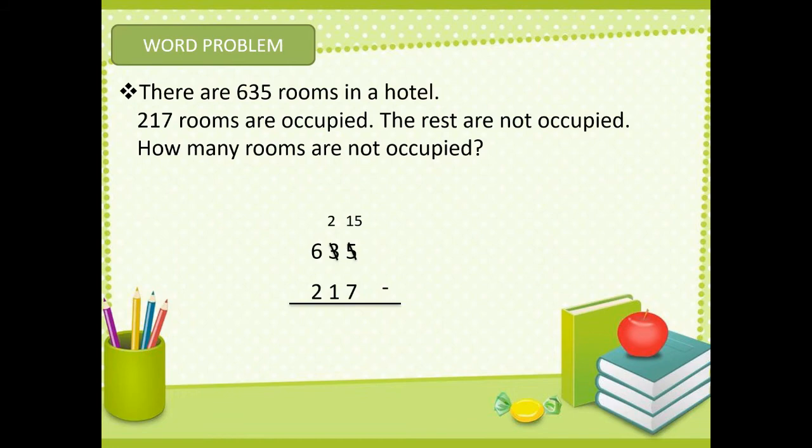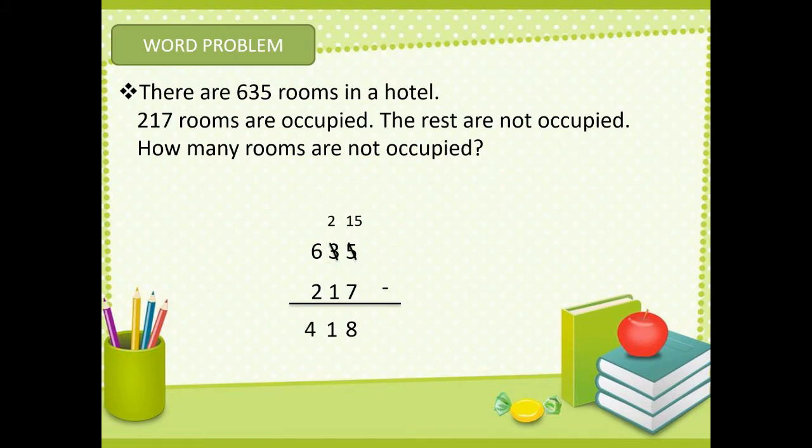Now we can subtract the ones. 15 ones minus 7 ones equals 8. Next, subtract the tenths. 2 tenths minus 1 tenth equals, yes, 1. Lastly, subtract the hundreds. 600 minus 200 equals, yes, 4.